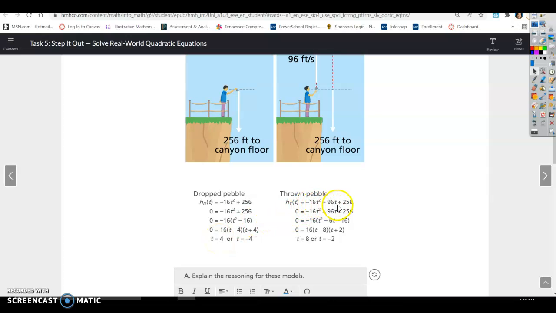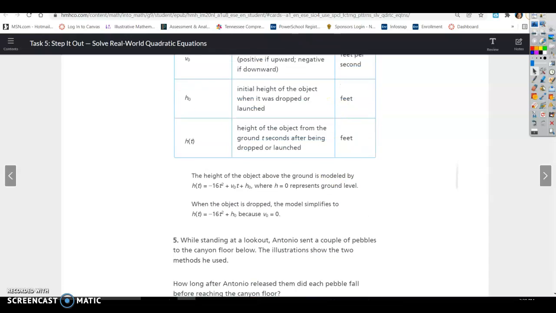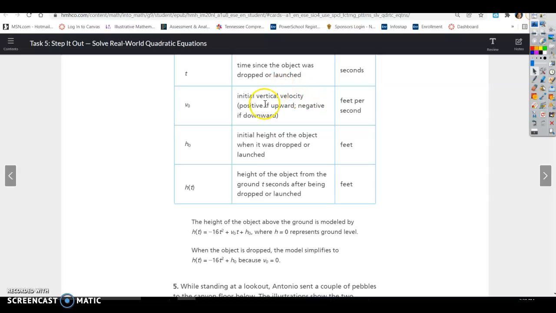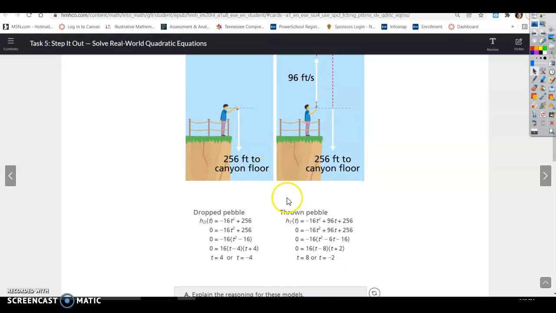So we're going to say when it's dropped, it takes 4 seconds. All right, the second equation here, you can see that he launches it up 96 feet per second. So we go back up here, and the initial vertical velocity, positive if it's up. So that's going to be the 96t in the middle, plus it's still going to drop 256 to the canyon floor. So again, we're going to factor this.